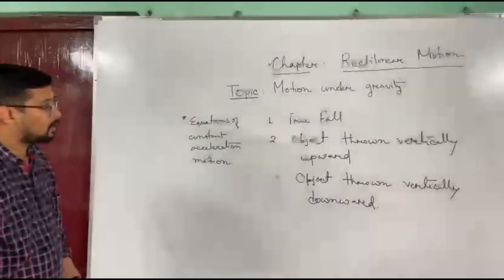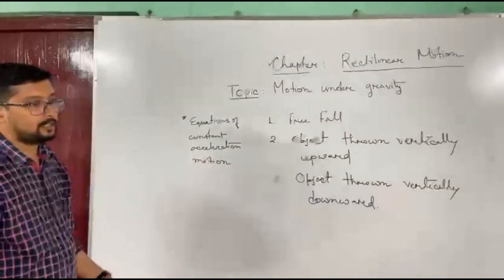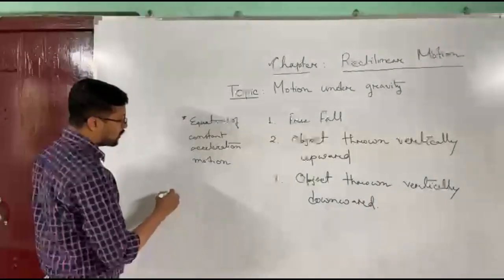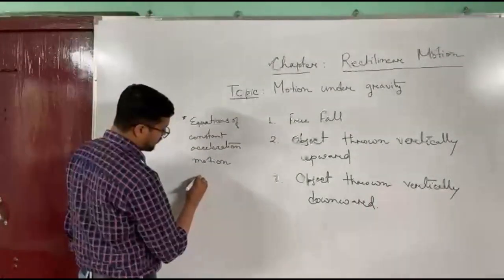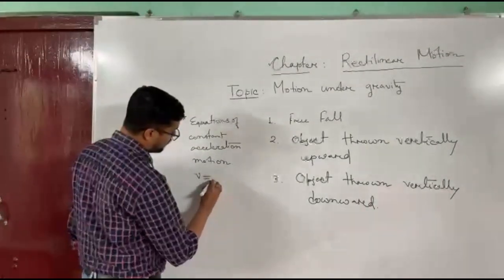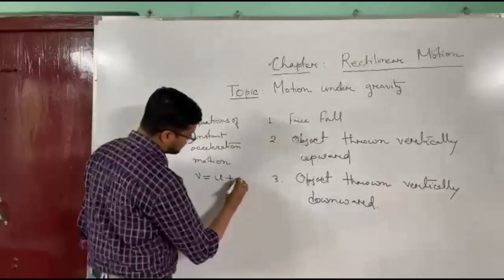We should know the equations of constant acceleration motions. The first equation is V equal to U plus AT.